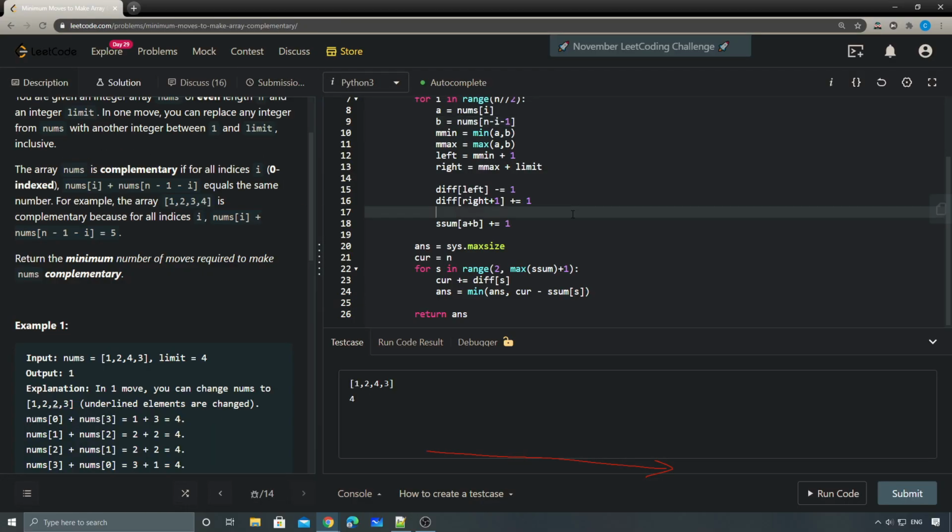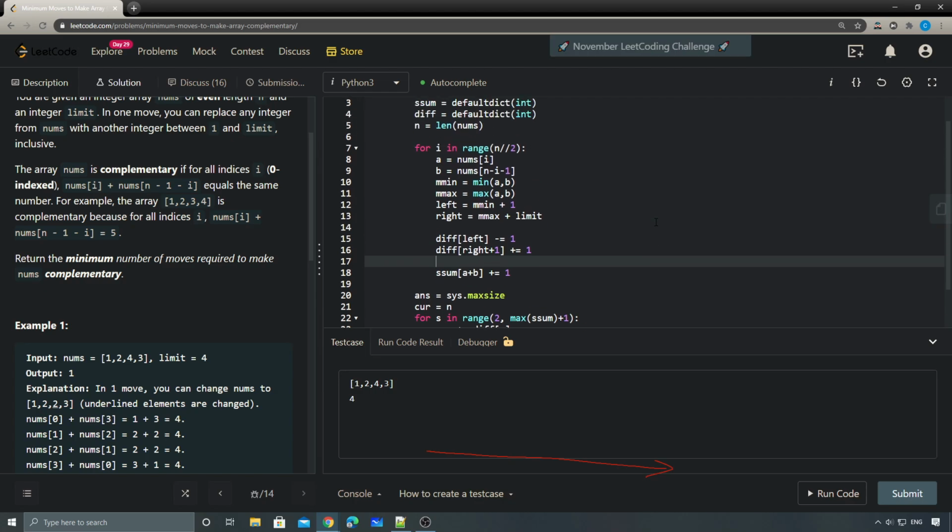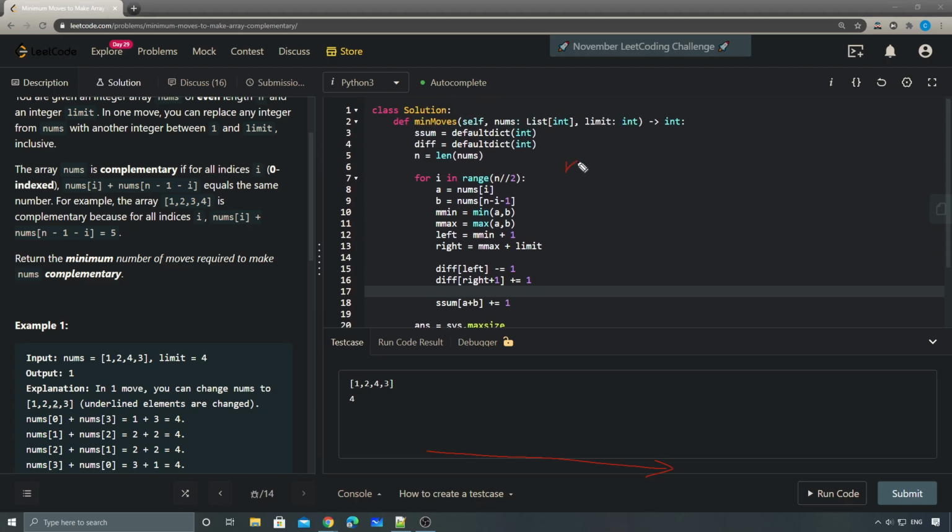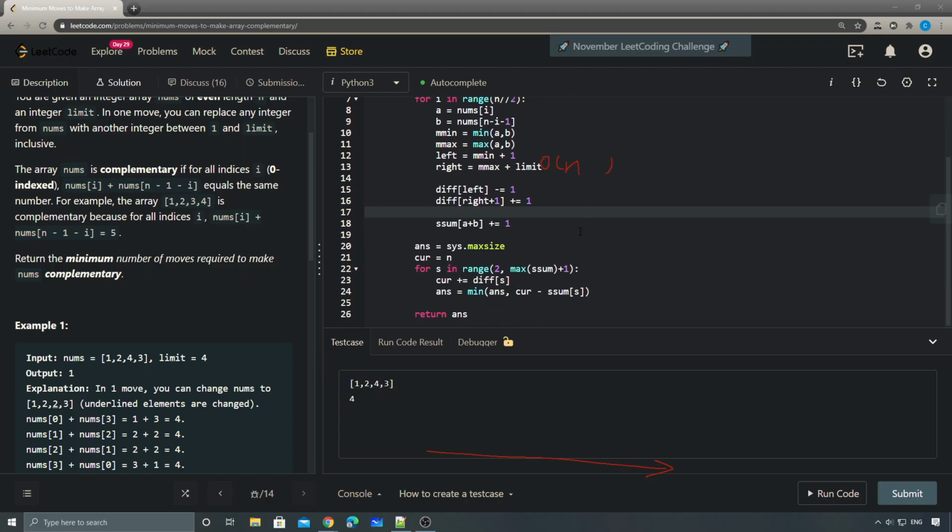I think the time complexity for this one is pretty straightforward, right? We have an O(n) for loop here, and then we have another one. This is actually the maximum of the sum. So basically, we have O of the maximum of n or the max sum, whichever is bigger.